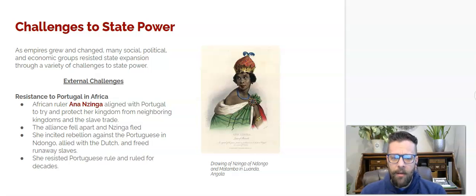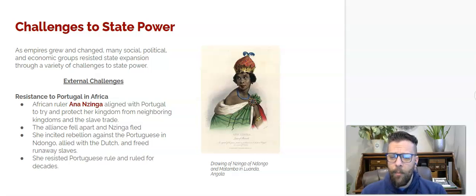So she actually had originally aligned herself with the Portuguese to try to protect her kingdom, to keep them out of the slave trade, and give her some protection against raids from neighboring kingdoms. The Portuguese, though, never fully honored their terms of that alliance, which quickly fell apart.